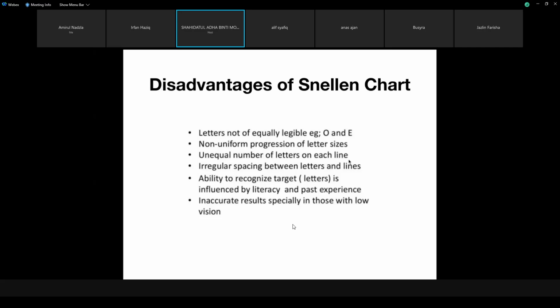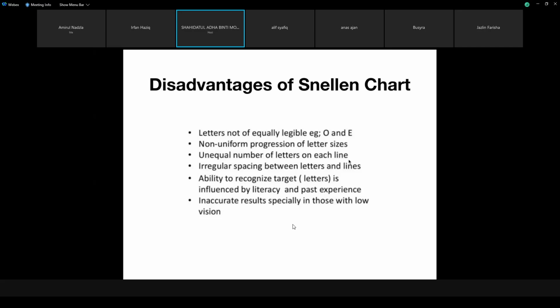And sometimes the ability to recognize the target or letters is influenced by literacy and past experience. Meaning sometimes we get a patient who is clever, who can memorize. On a subsequent visit the vision has actually dropped, but the patient denies it and recites the letters from memory, so we think the vision is good, but it's actually not.